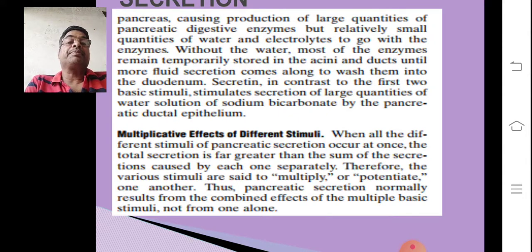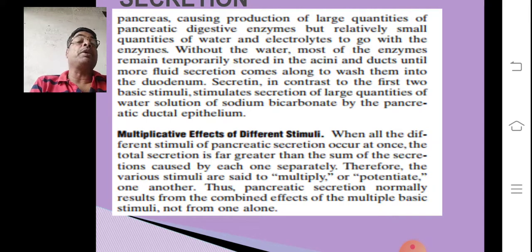Without the water, most of the enzyme remains temporarily stored in the acini and ducts until more fluid secretion comes along to wash them into the duodenum. Secretin, in contrast to the first two, stimulates the secretion of large quantities of water solution and sodium bicarbonate by the pancreatic ductal epithelium.